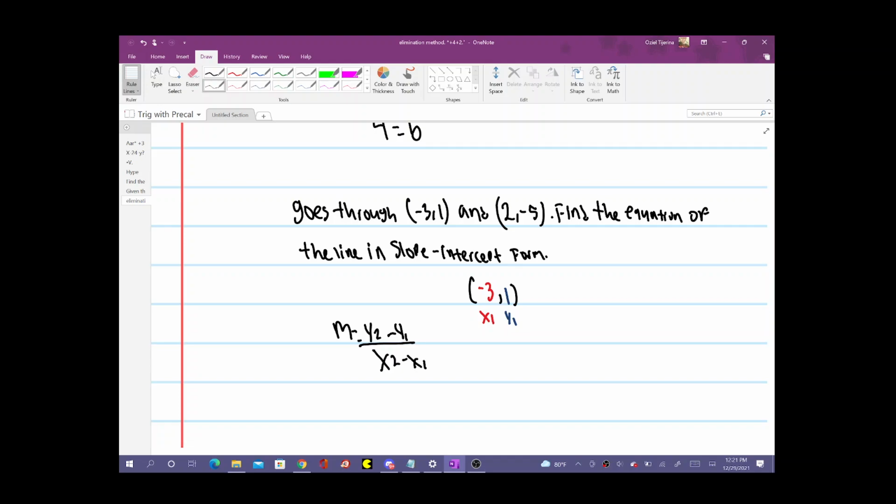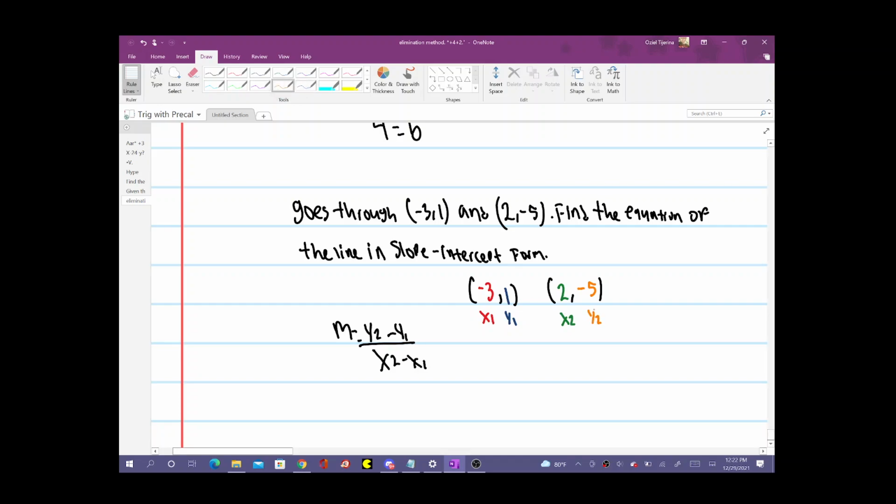If we find x2, then y2 is the y term of that x value. So we also have 2, comma, and let me use a different color, -5. So this one is x2, and this one is y2.